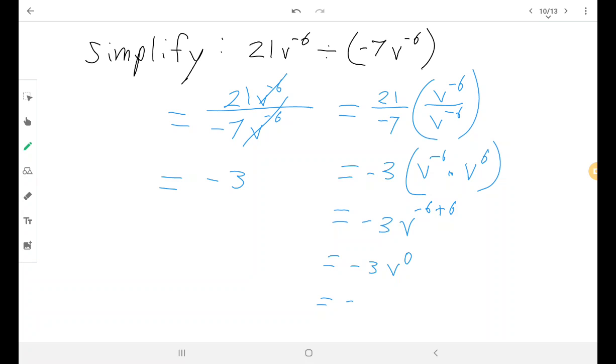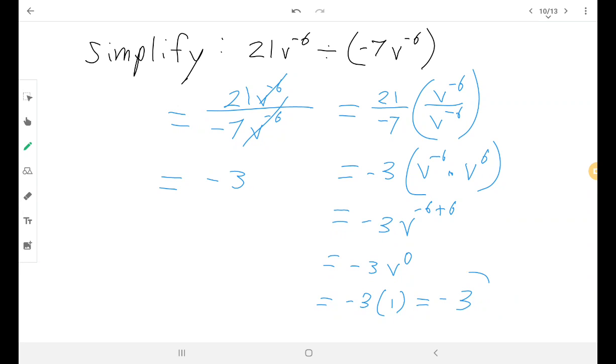which then should illustrate pretty fundamentally why anything to the 0 power other than 0 is 1. Because how did we get that? Well, we started out with a version of 1, right? We started out with a thing divided by itself.